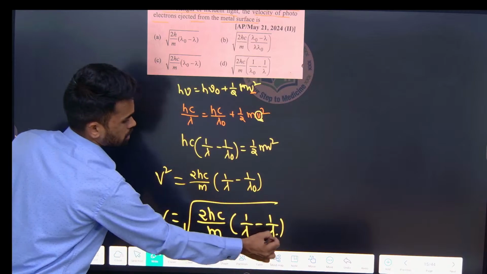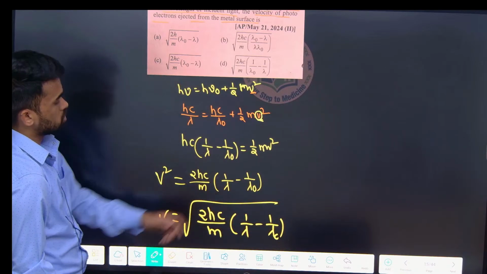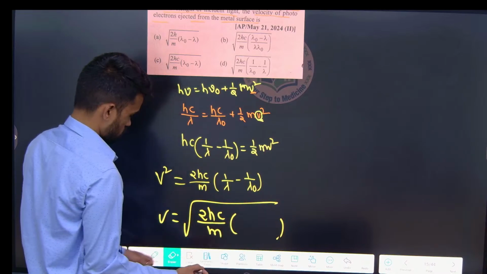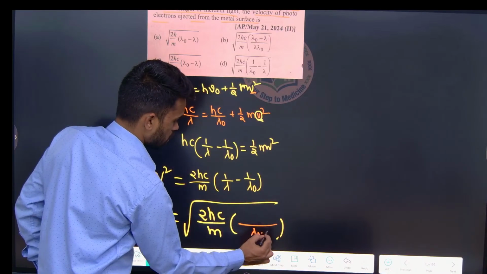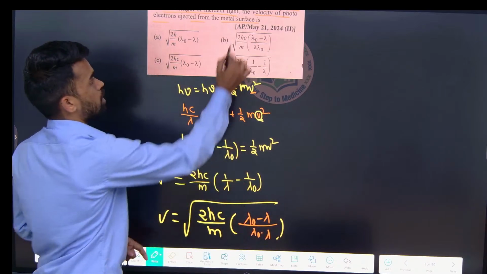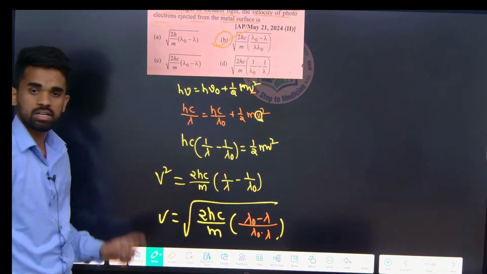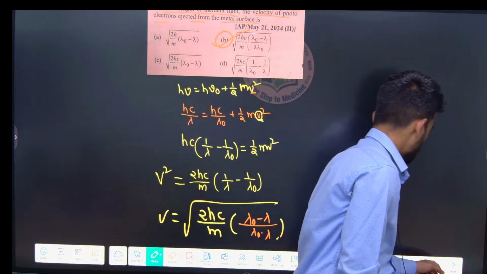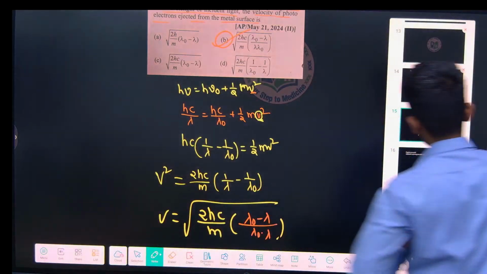There is no option like this, so what we can do is take the LCM of these two, lambda naught into lambda, that is lambda naught minus lambda. So we have option B in this manner, right? So that is our answer. This is again about the photoelectric effect only. Let's move forward.